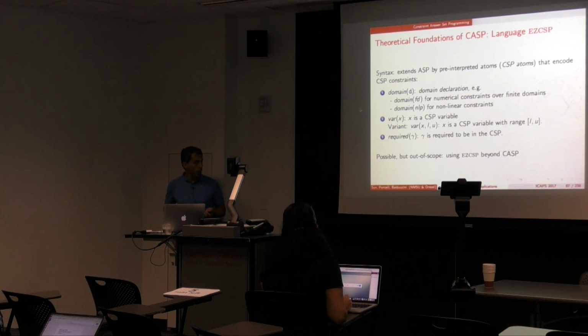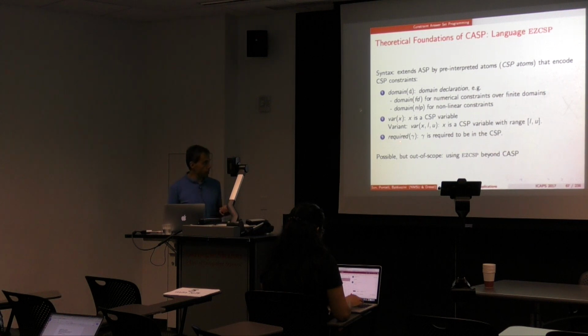It's just a string. And we have a variant of that statement where we can specify the lower bound and upper bound of the range of that variable. Okay? So that allows us to specify not only the list of variables, but also the second component of the CSP, the domains. And finally, how do we specify constraints? Well, we have a relation required. The argument gamma is the constraint that we want to assert.